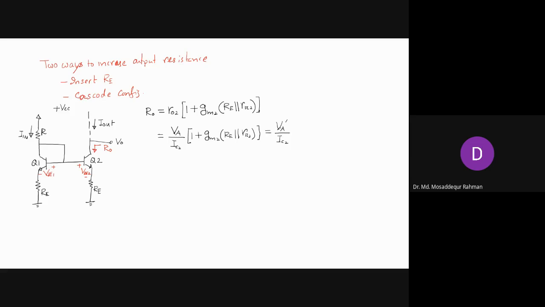Resistance is voltage by current, so this is now effectively our early voltage, and VA prime is VA times (1 plus gm2 times RE in parallel with R pi2). So that is our effective early voltage.